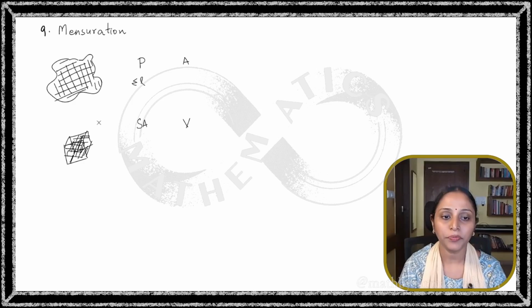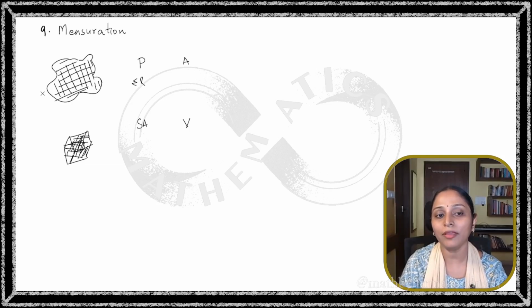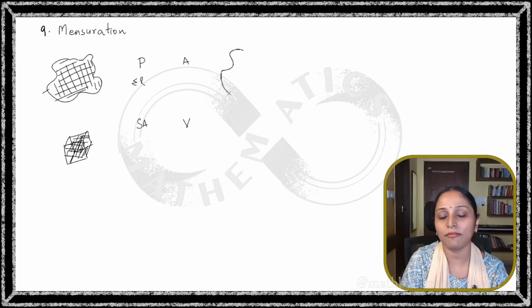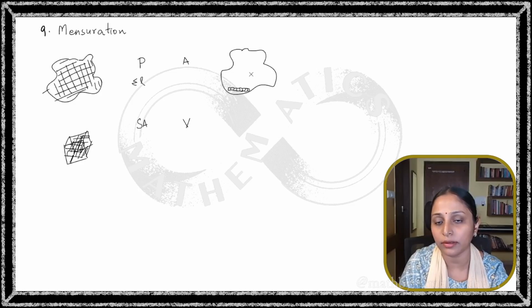Now here, if you remember, in order to find the area, we tried to fill in the given two-dimensional enclosure with unit squares. So I have a two-dimensional enclosure like this. I'm going to fill it up with unit squares. However many squares I require to fill up this entire region, that is going to be my area.